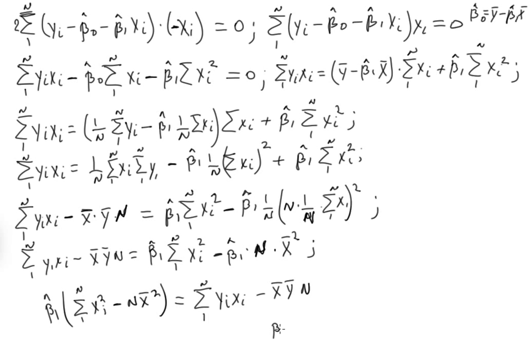And from here beta 1 hat is basically equal to n times the sum from 1 to n of yi xi minus x bar y bar n, divided by n times the sum of xi squared minus n x bar squared.